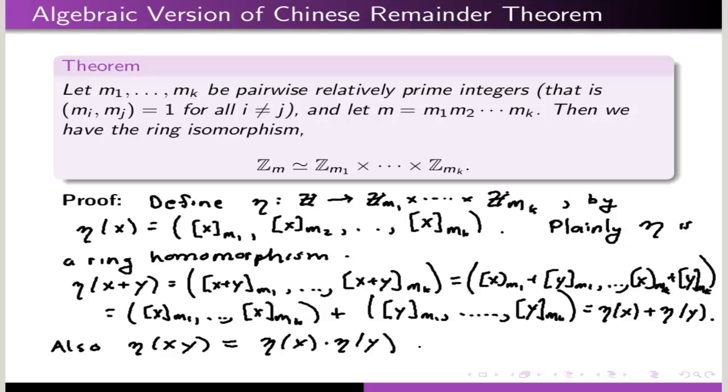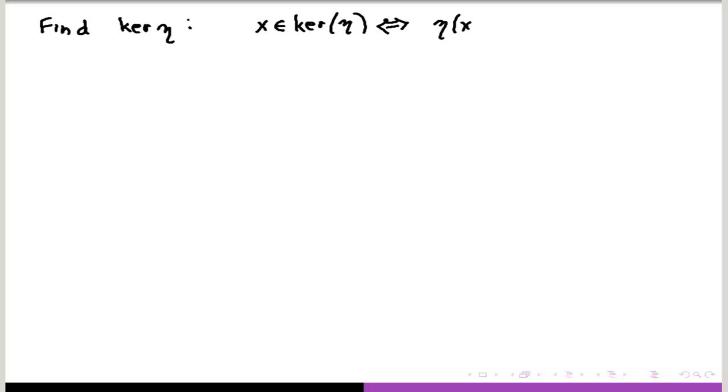And now I want to look at the kernel of this homomorphism. I want to find all elements that get mapped to the 0 element. Okay, let's find the kernel of eta. So x is in the kernel, by definition, means that eta of x is the 0 element in this Cartesian product, which is just the vector all of whose coordinates are 0.